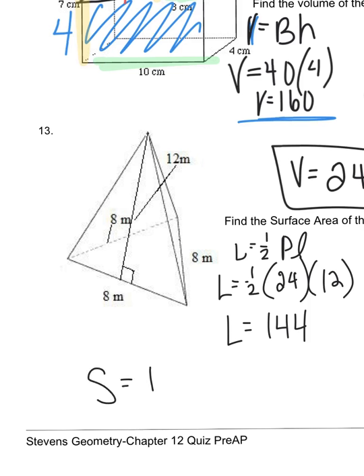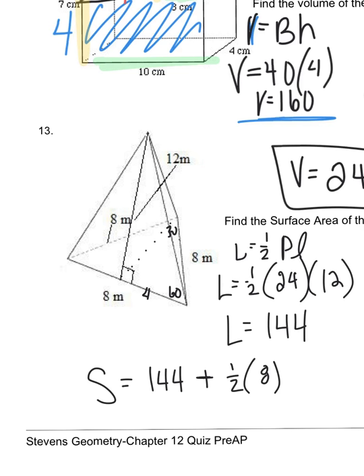So I'm going to take the lateral and I'm going to add the area of the base, which is 1/2 base times height. Well, okay, I know my base is 8. What's my height? If I cut this in half, it's 4. This is a 60. I cut this in half, so it's a 30.